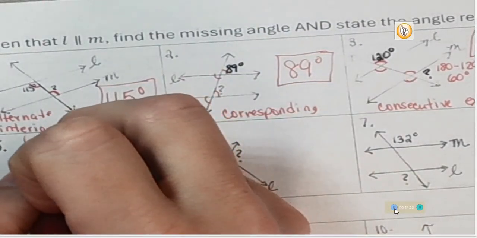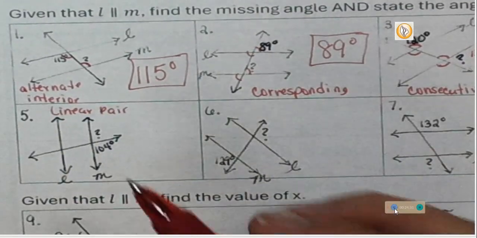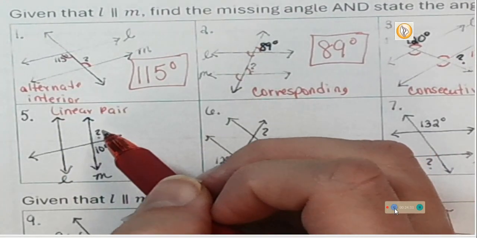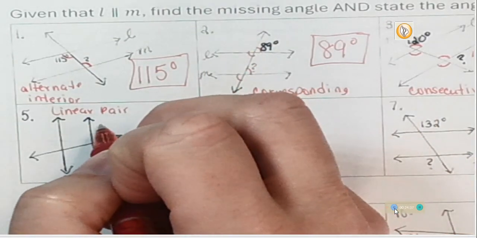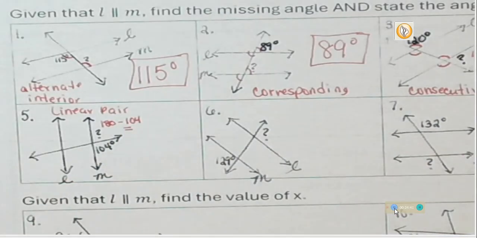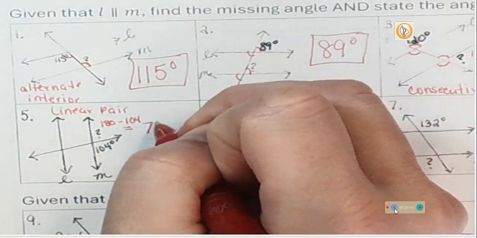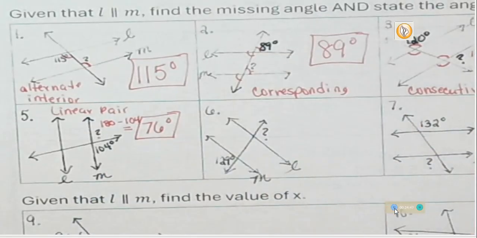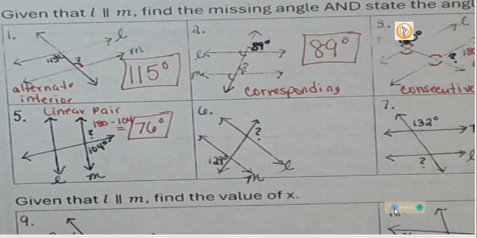So this is a linear pair. And these two add to be 180. So if you know this is 104, how do you find that guy? It would be 180 minus 104, and 180 minus 104 gives us 76 degrees. So you're looking for those relationships.